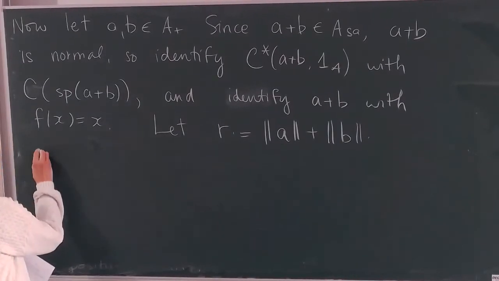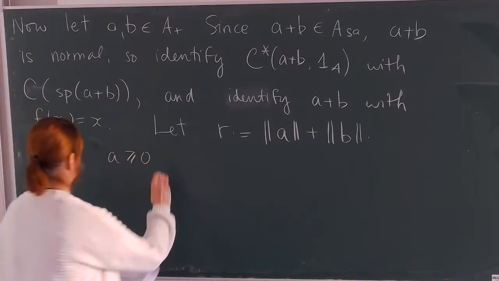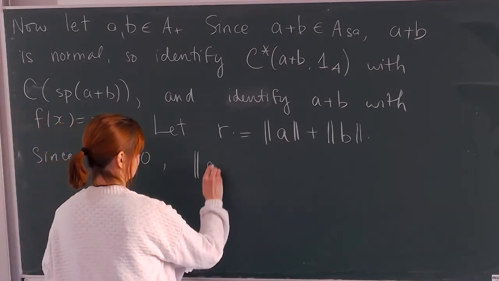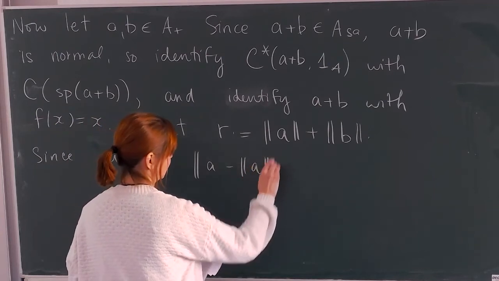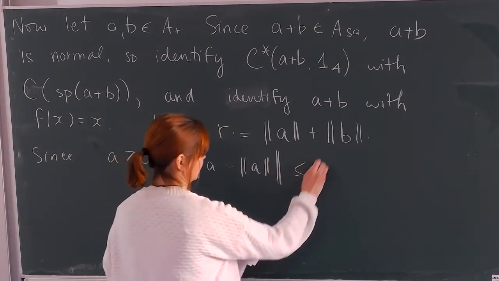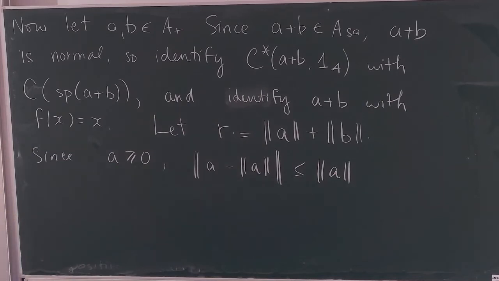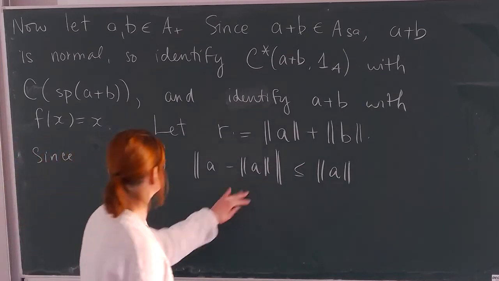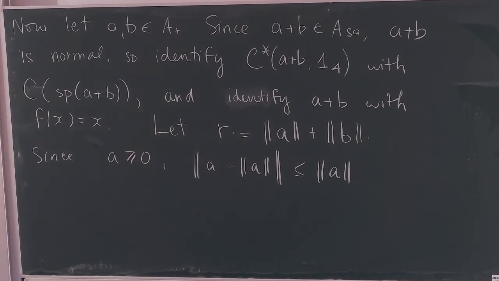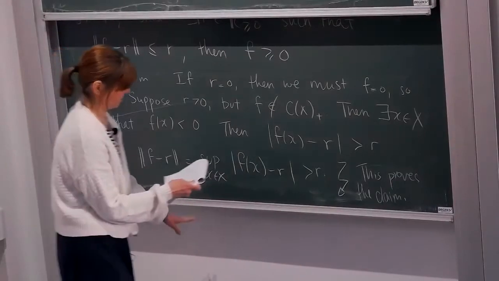Okay, so since A itself is greater than 0, then we know that, again, by the claim, A minus the norm of A is less than A. Okay, actually, this is not immediate from the claim. Maybe I should have pointed out that this R trick works for any R that's at most the norm of the function here.